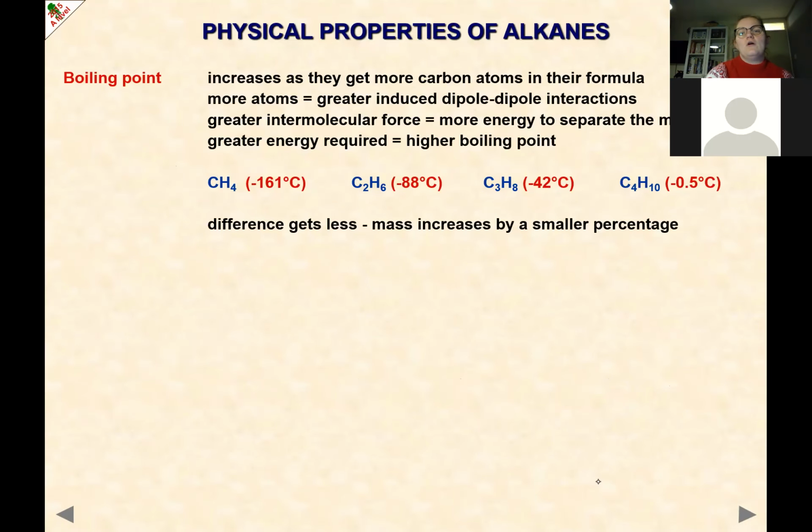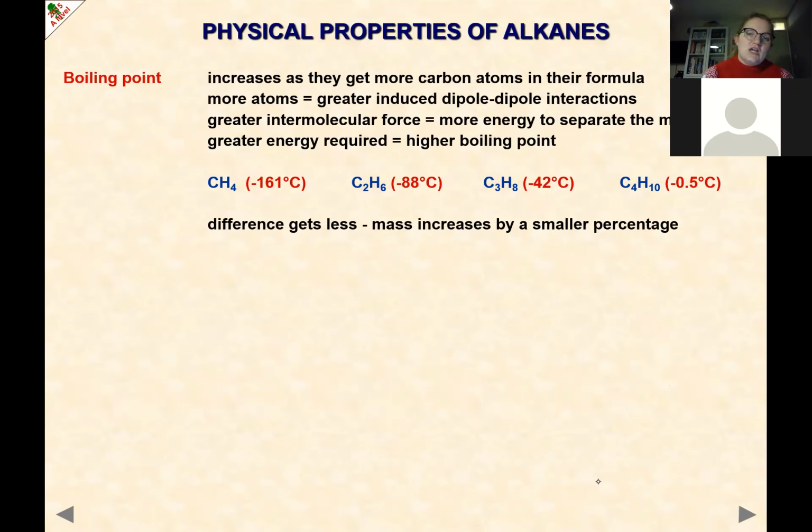So alkanes, what are their physical properties? As you add more carbons, the boiling point increases. Makes sense. More atoms means we've got a bigger induced dipole-dipole interaction, greater intermolecular force, so it takes more energy to separate the molecules.